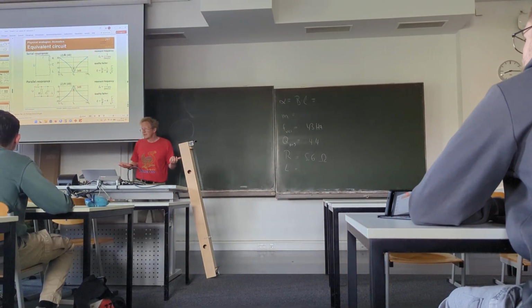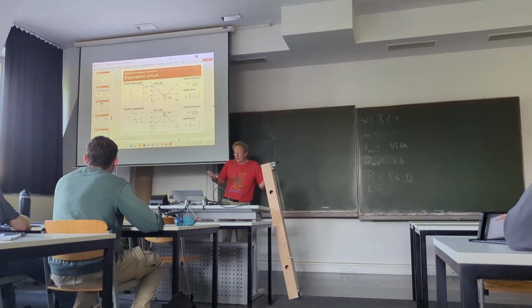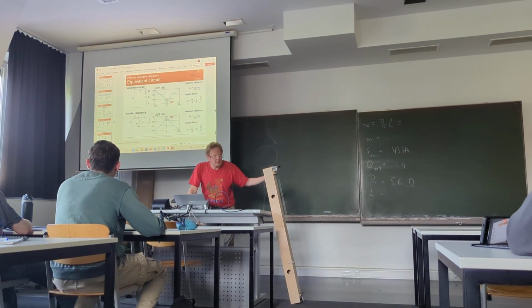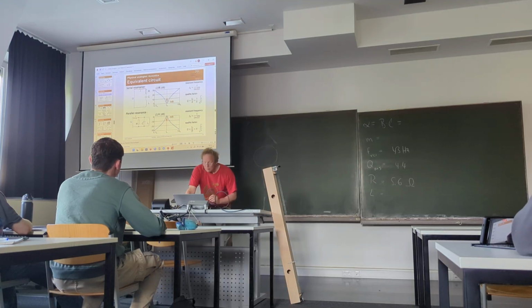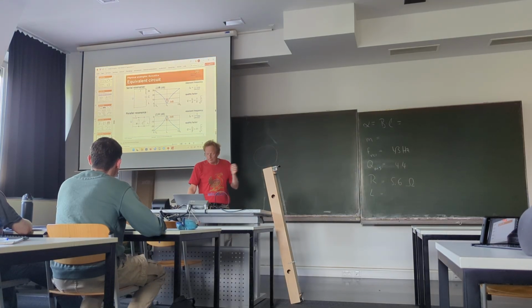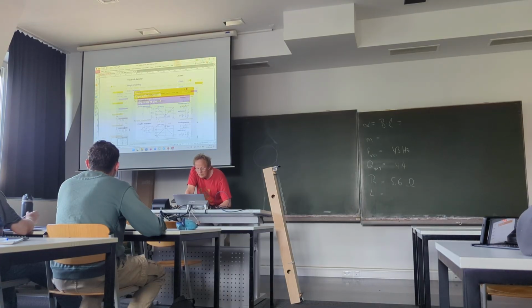We do not know if it is good or bad. But at least we know what these numbers mean: the resonant frequency is 43 Hertz, and the bandwidth should be around 10 Hertz. Okay, so that's what we got here.